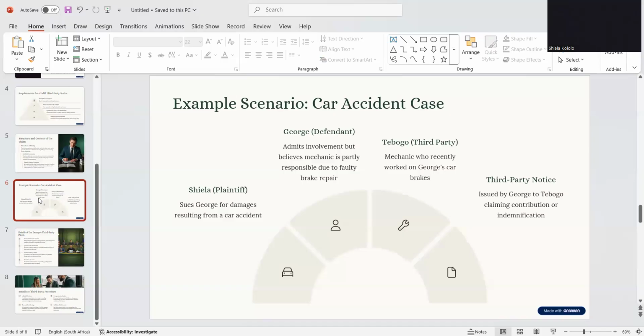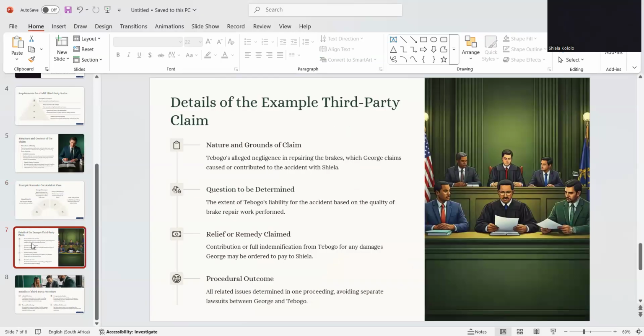So now we are going to issue a third party notice. The third party notice is issued by George to Tebogo, claiming contribution or indemnification for the accident that occurred between Sheila and George, Sheila being the plaintiff and George being the defendant. And then, as we have discussed, you have to set out that there was alleged negligence in repairing the brakes, which George claimed caused or contributed to the accident.